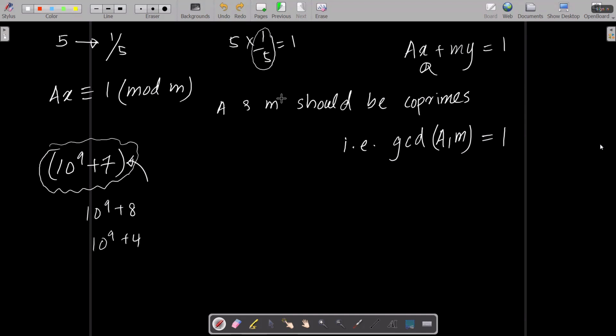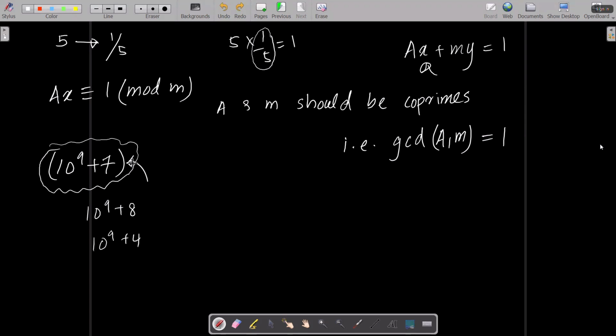Otherwise, these answers would not be unique. Another problem is that if A and M are not co-primes, the modular multiplicative inverse will not be defined. Therefore, we can't take a risk.